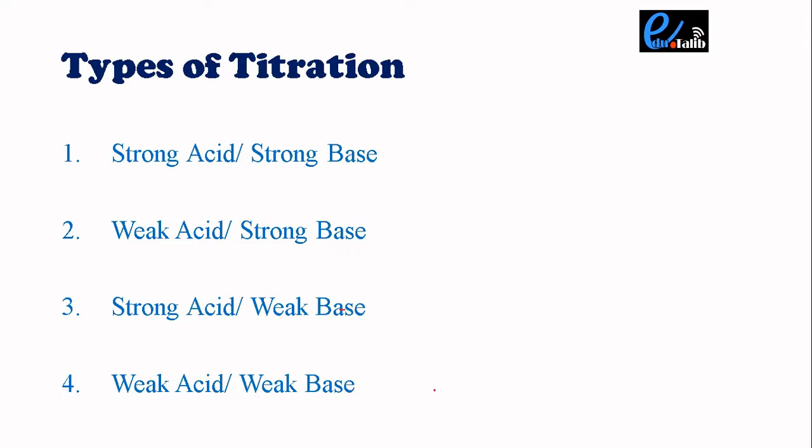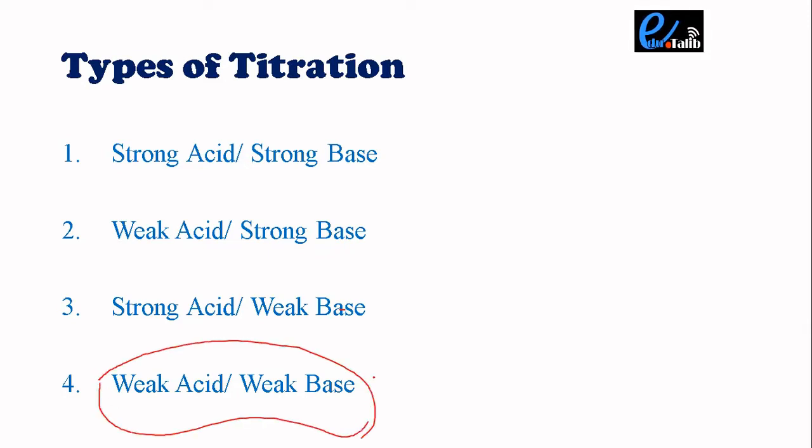Among all these, the last condition, the weak acid and weak base, we do not have to discuss. For beginners, this category is not discussed, because it is very typical to handle the situation when the acid and base both are weak.